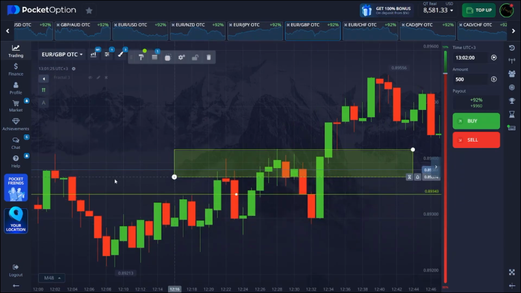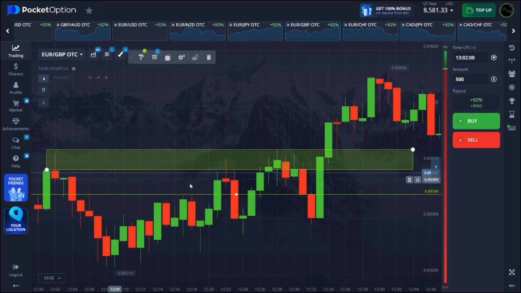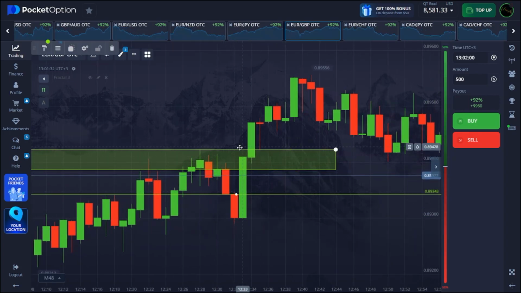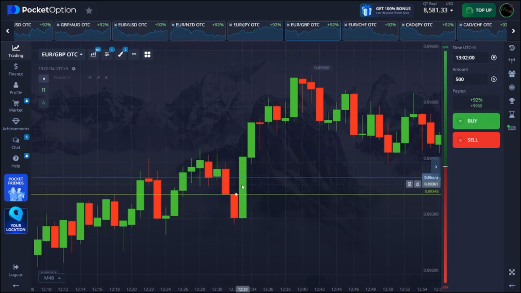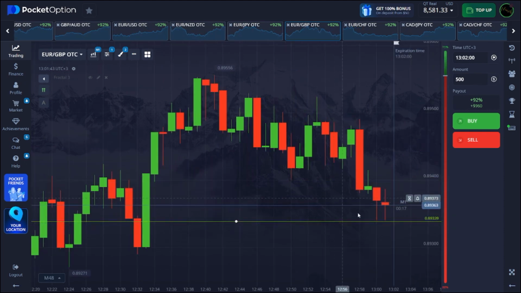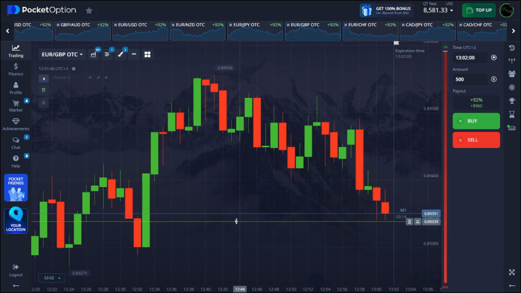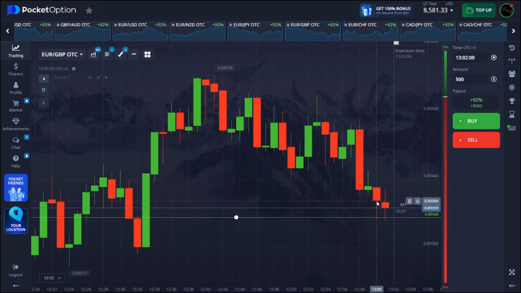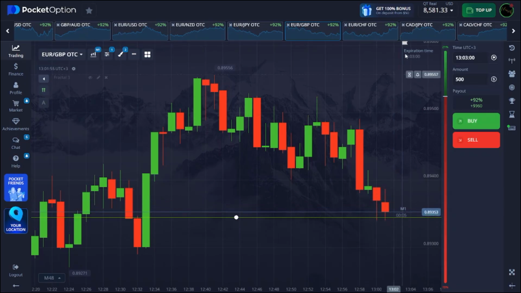So that was broken, and we have this very beautiful engulf, this one here, and this was our demand area. Once the market came to our demand, we took a trade to the upside, and the candle closed here, and as you can see, we booked profit.